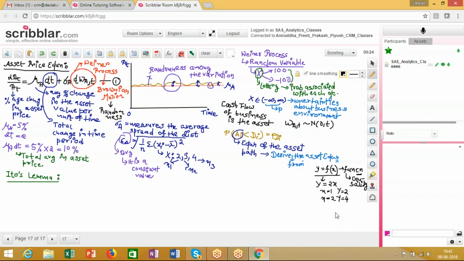Now, if I want to know that when X changes by 1 unit, what is the corresponding change in Y?